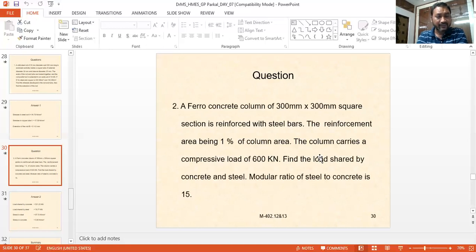As we know, steel has more strength and Young's modulus is more. The concrete has less strength and Young's modulus is less. Therefore, the Young's modulus of the steel by Young's modulus of the concrete, that is ES by EC, equals 15. So you must note that, and accordingly we will get some equations and we can solve this problem.